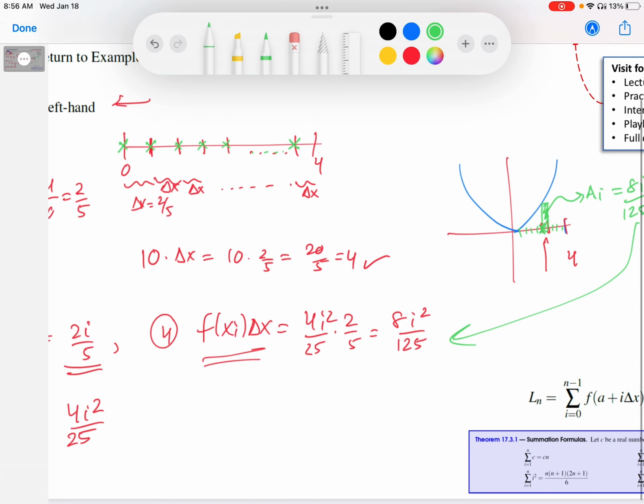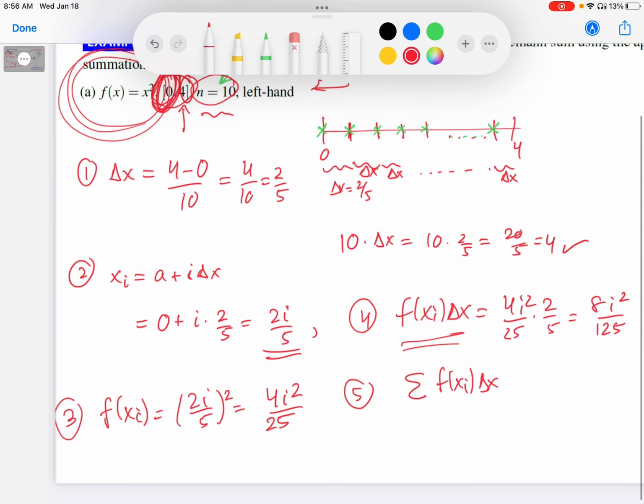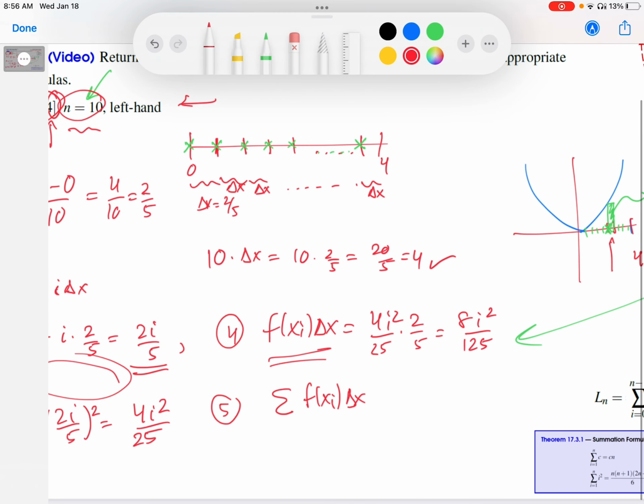Okay, and then now number 5, I'm going to add all of these areas as i ranges from, I erased it, used to be right over here somewhere. Remember, i ranges from 0 to n minus 1, in this case 9. So if I do this, the sum from 0 to 9 of 8i squared over 125, that is L sub 10.